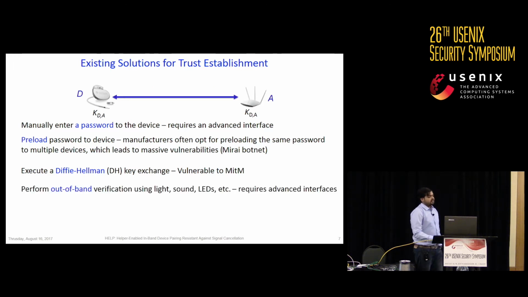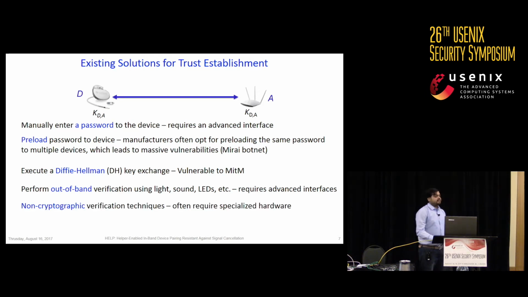Third, there are out-of-band solutions proposed, such as verification using ambient light, ambient sound, or LEDs, but these require interfaces such as microphones or optical sensors, and these might not always be present. And then there are a few non-cryptographic verification techniques proposed that use hard-to-forge physical layer properties, but these require specialized hardware, so it is not practical to implement them.